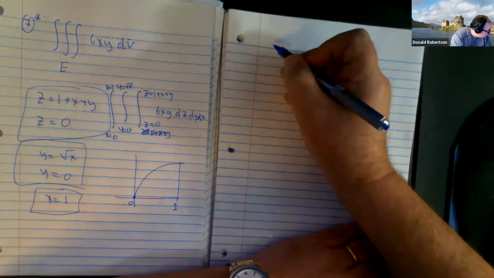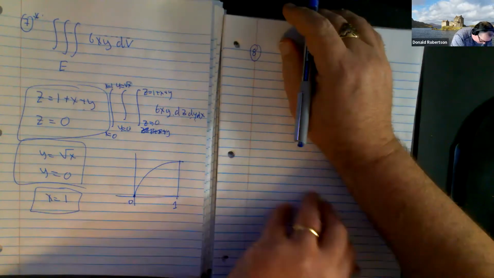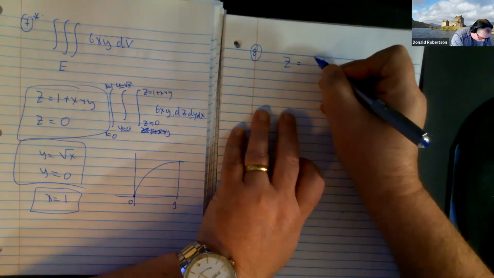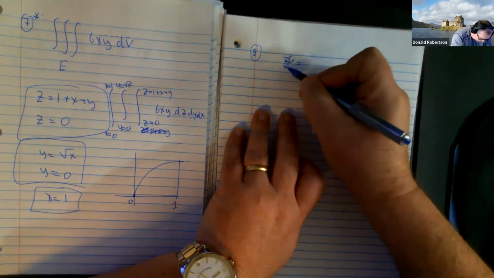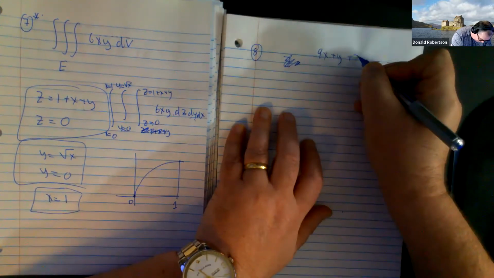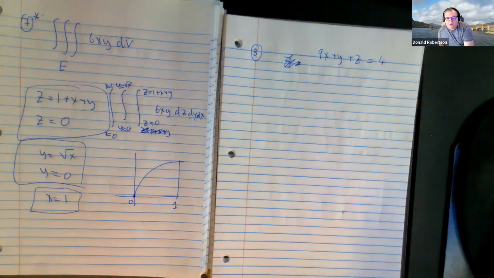And this one is z equals, well, actually, let's write it down the way they gave it. It's 9x plus y plus z equals 4. It says the tetrahedron.